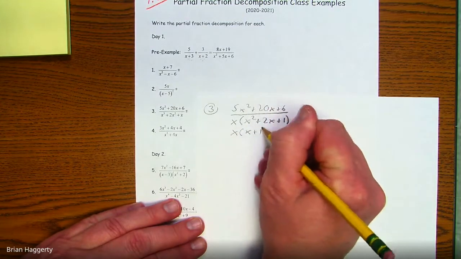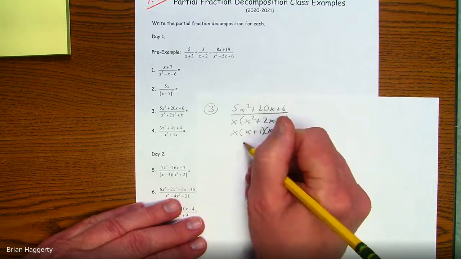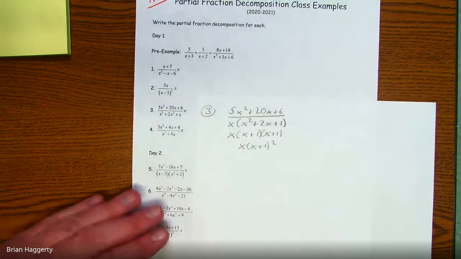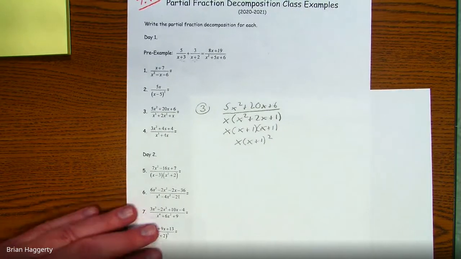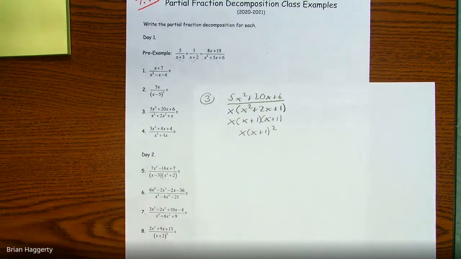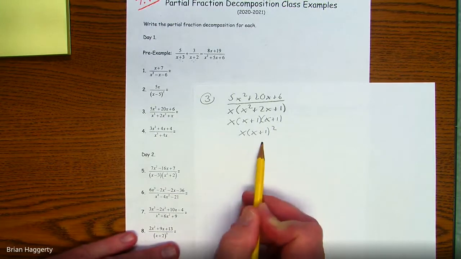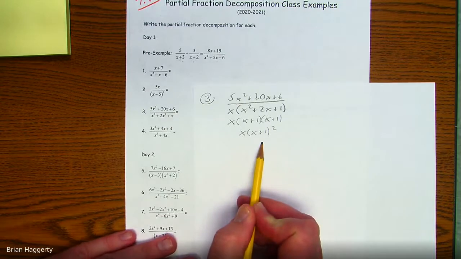That trinomial factors into x plus 1, otherwise known as x plus 1 quantity squared. So number 3 is kind of a blend of numbers 1 and 2 in terms of what's going on. We have a distinct linear, the x, and we have a repeat linear, the x plus 1 to the second power.